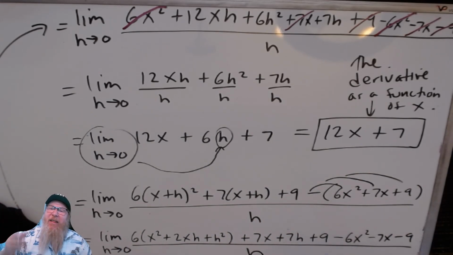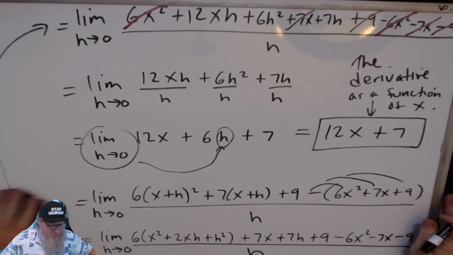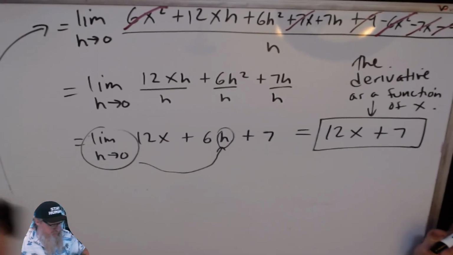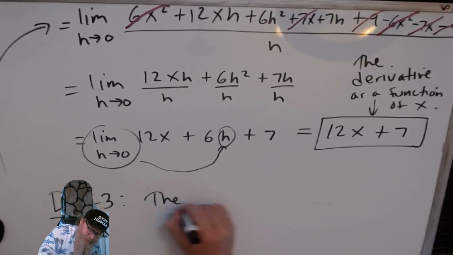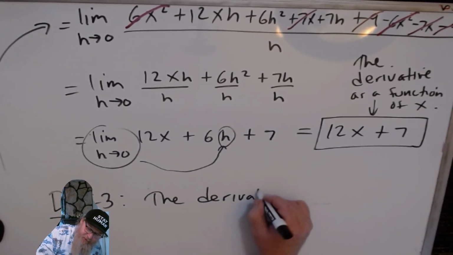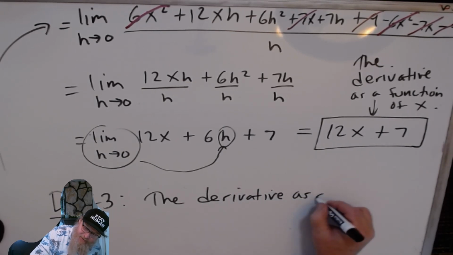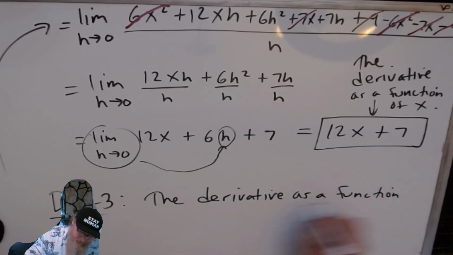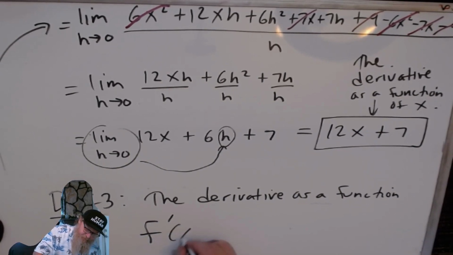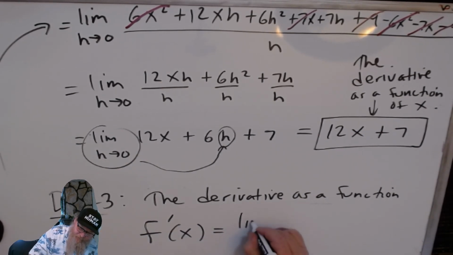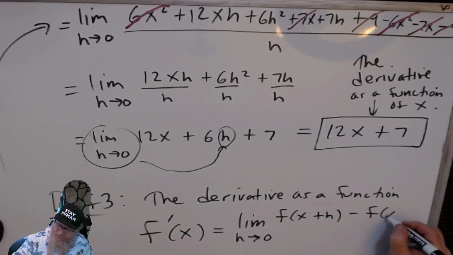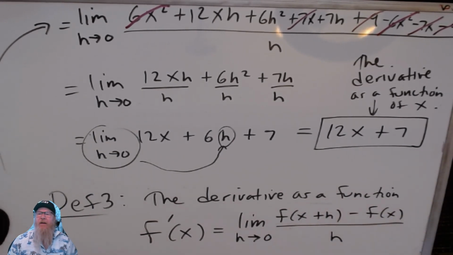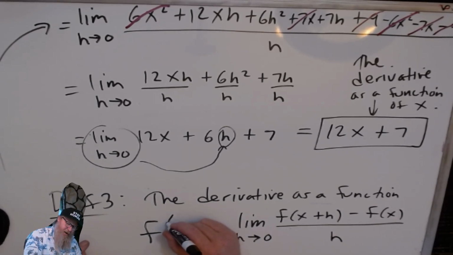Well, when we invent things, we like to give them names. So this is definition 3. The derivative as a function, it's exactly what we just did in this example. And this is called a prime.